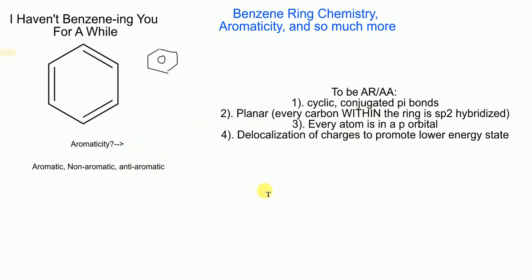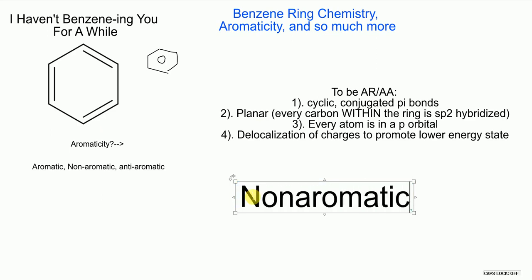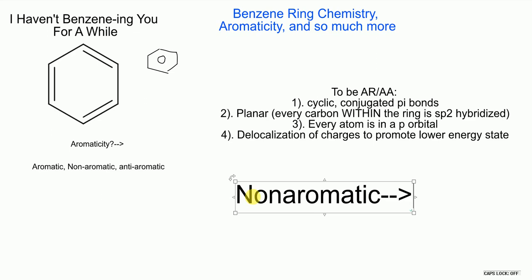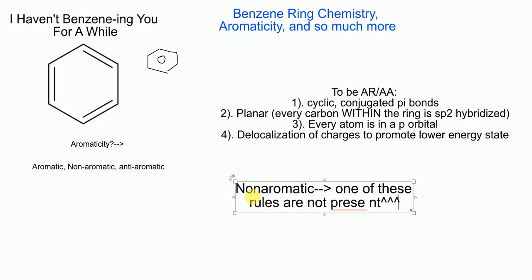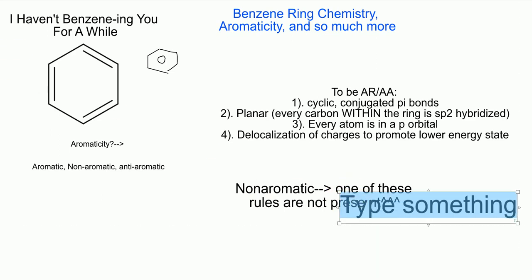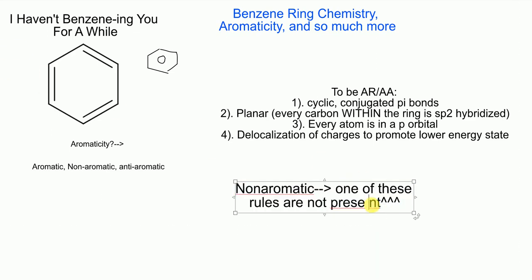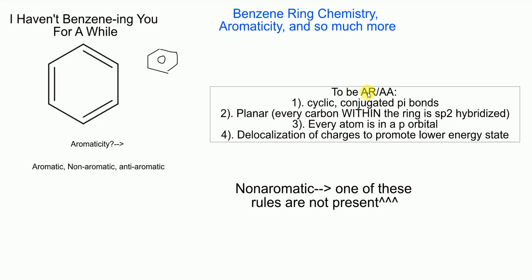Now, non-aromatic is essentially when one of these rules is not present. You have to have all these 4 be true in order to be aromatic or anti-aromatic.